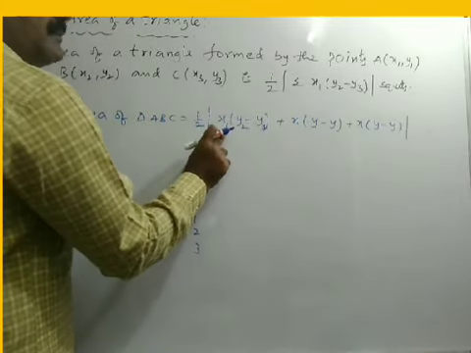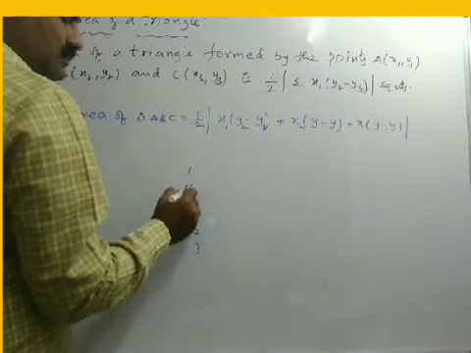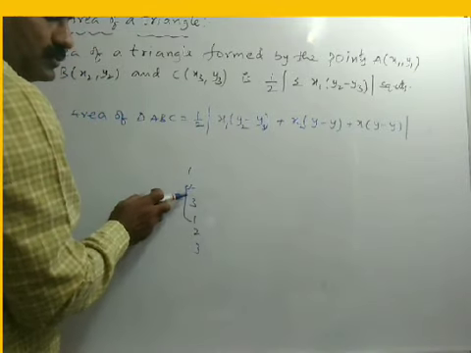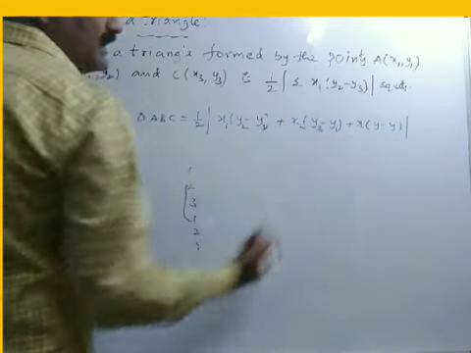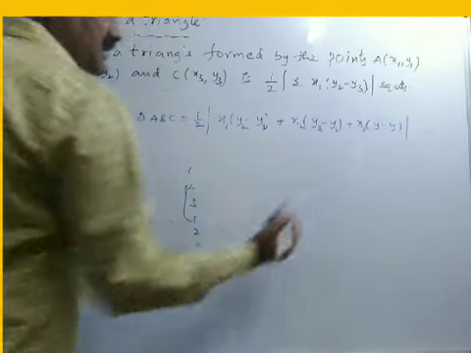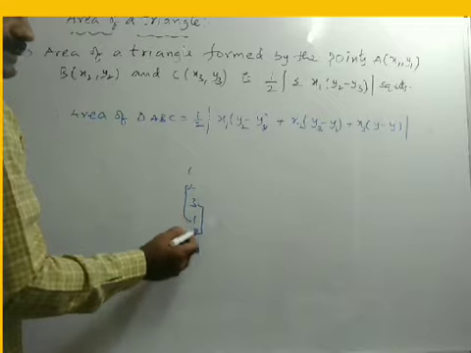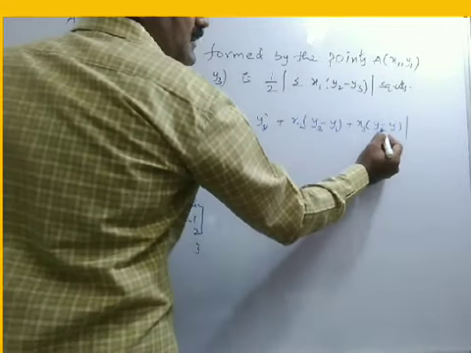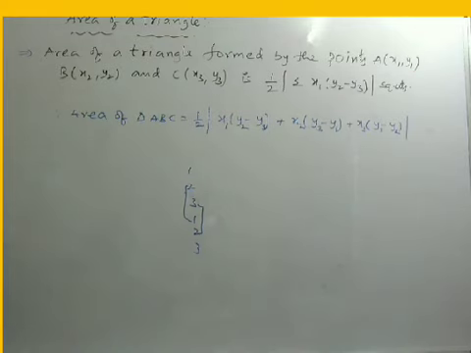So 1 completed, no? Now start with x2. When you begin with 2, your order is 2, 3, 1. After x2, we need to start with x3. When you begin with 3, the order is 3, 1, 2. So this is the way which you can easily remember.